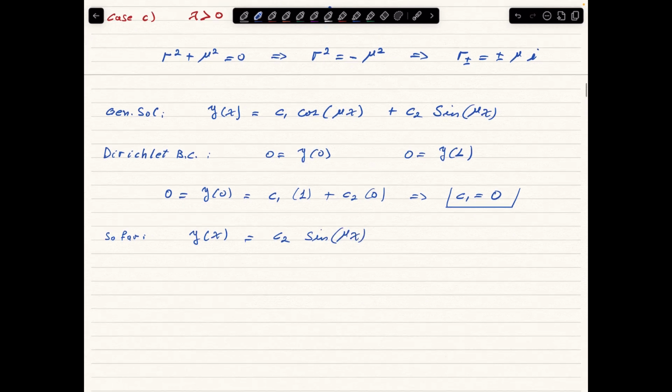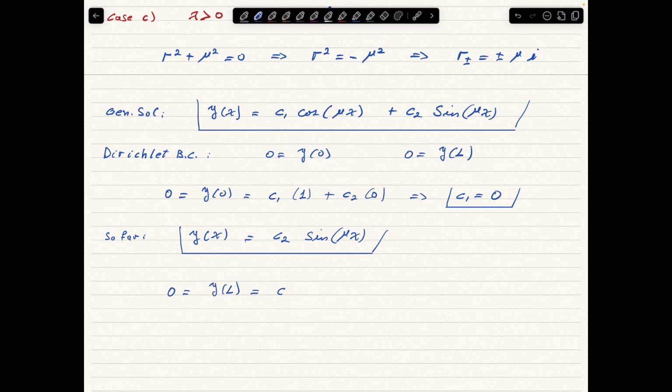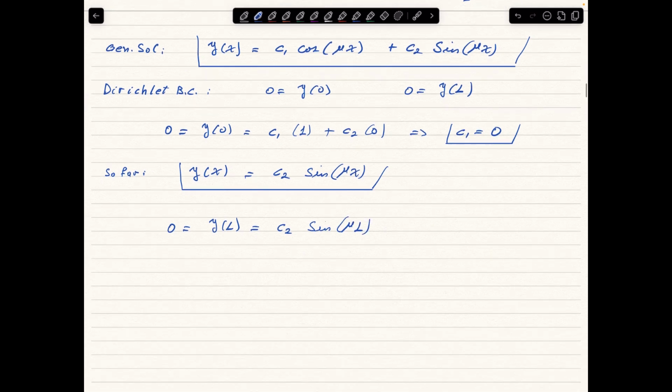Okay, so we started with this general solution, then we add one boundary condition, and we ended up with this solution now. And now we still have one more condition to impose. The other condition is that 0 is equal to the function at L, which is going to be C2 sine of mu L.